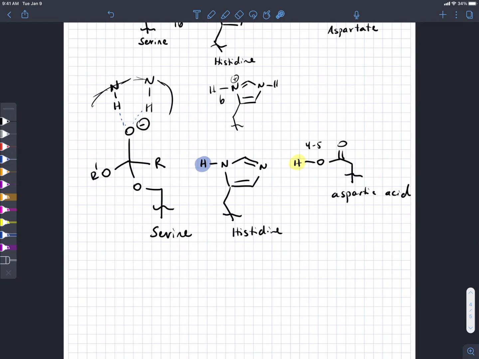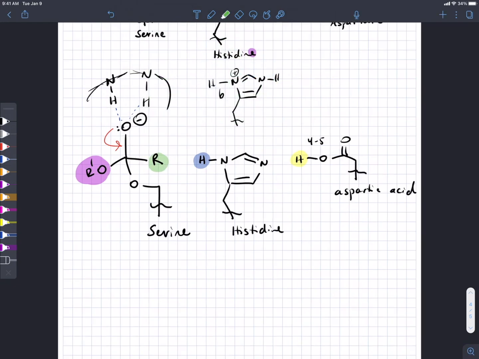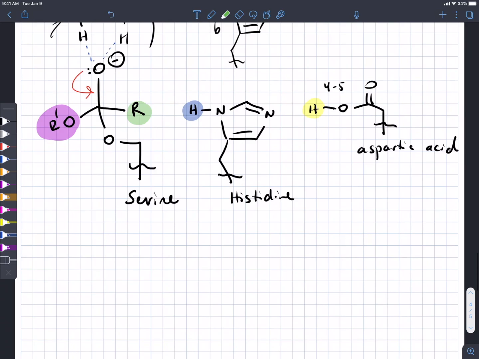Once we get here to this tetrahedral intermediate, electrons can kick down and kick off the glycerol group. Remember, this is our glycerol group. This is our long chain alkyl group.